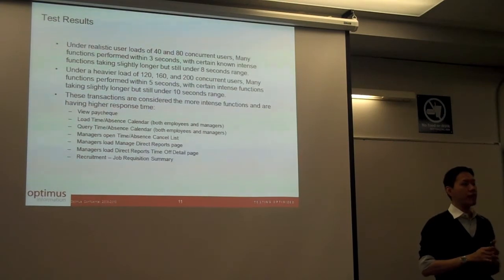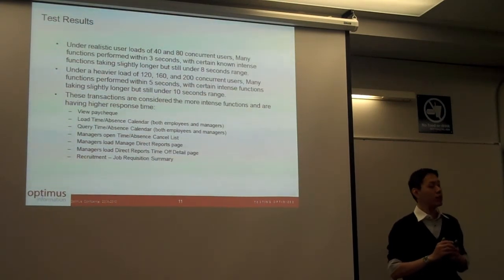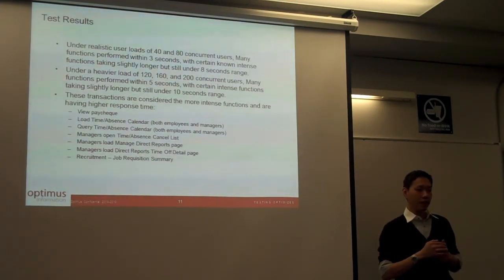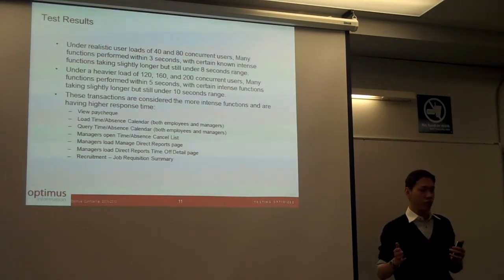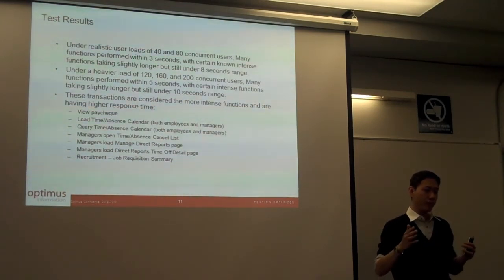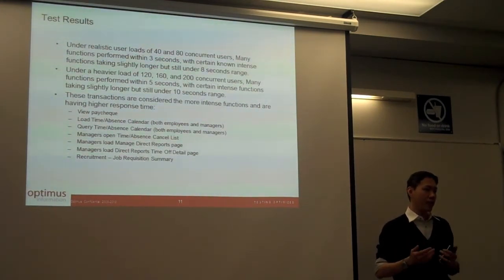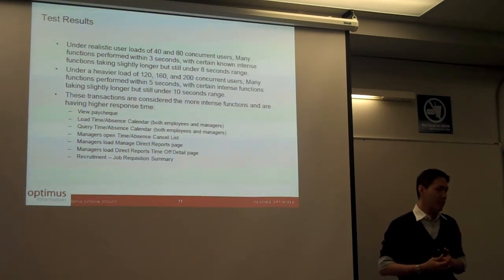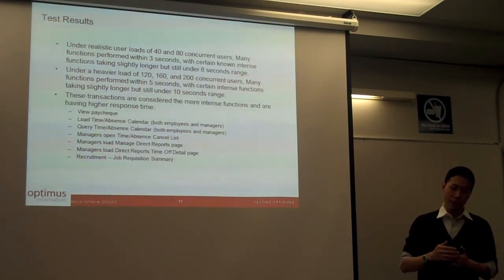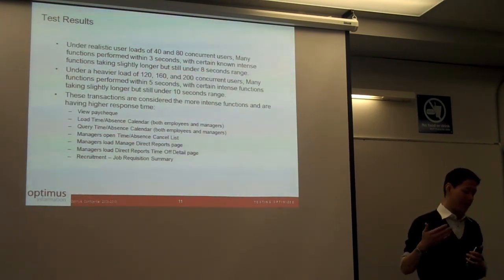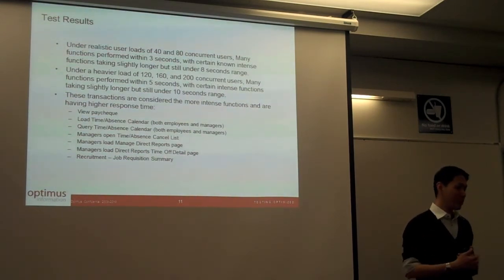let's assume that we have a 120 user test, and most of the transactions perform below 10 seconds. But we are not going to run a 240 user test. So, and we know that the system does not break at 200 users.